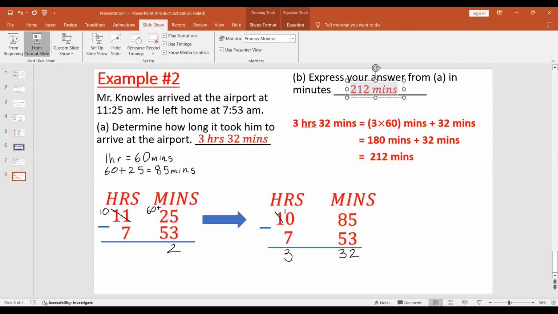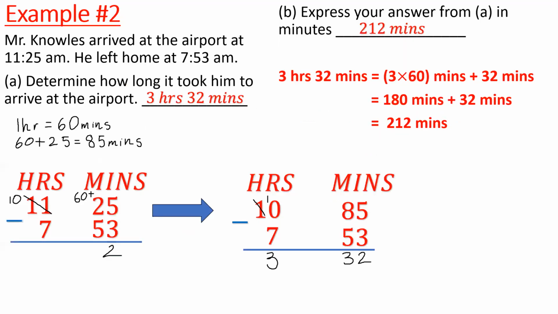Yes, so we borrow an hour from 11, which leaves 10, and 1 hour equals 60 minutes. So we take the 60 minutes over to the minutes, which would be 60 plus 25, and 60 plus 25 is 85.